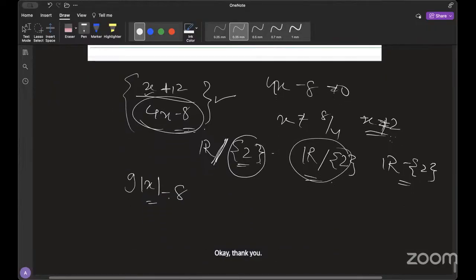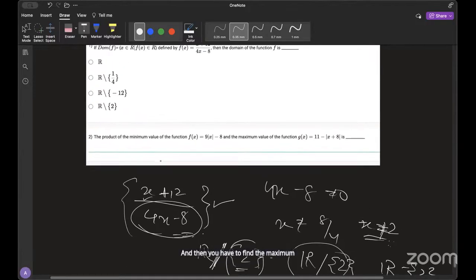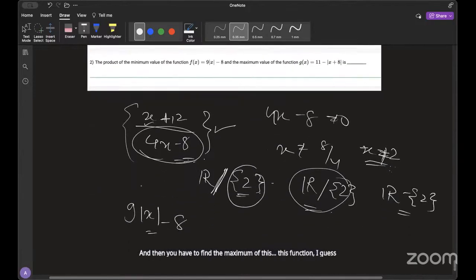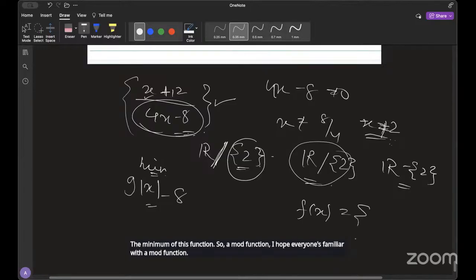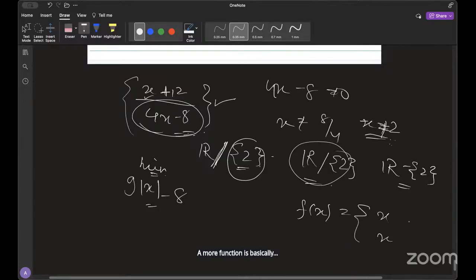Okay. And then you have to find the minimum of this function. So a mod function, I hope everyone's familiar with a mod function. A mod function is basically x when your x is greater than 0, or minus x when your x is less than 0.